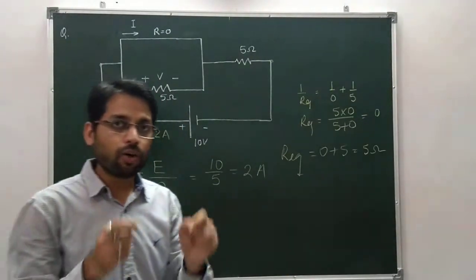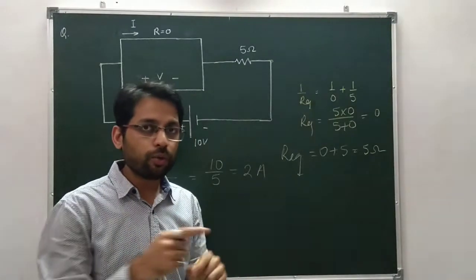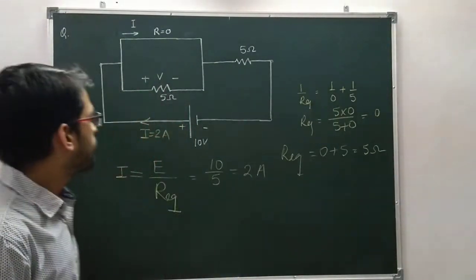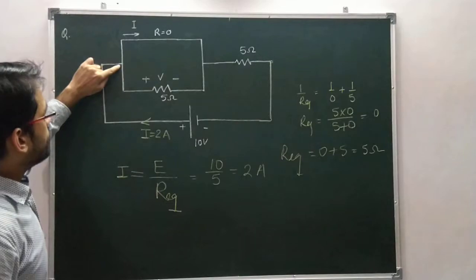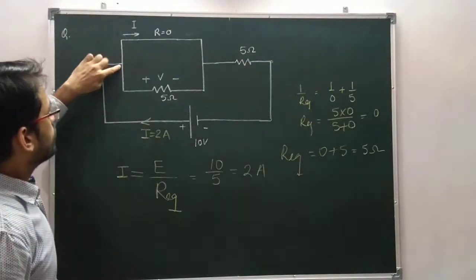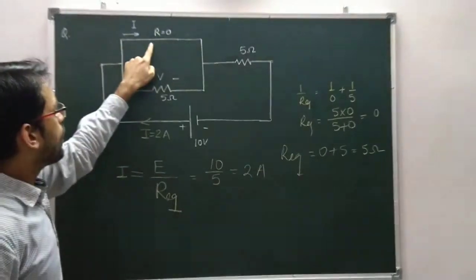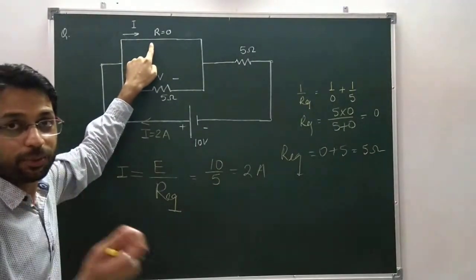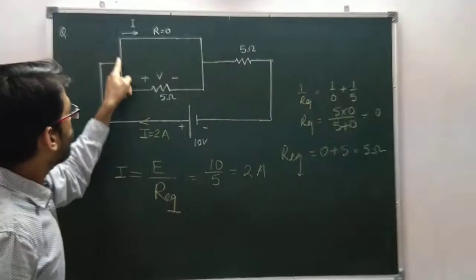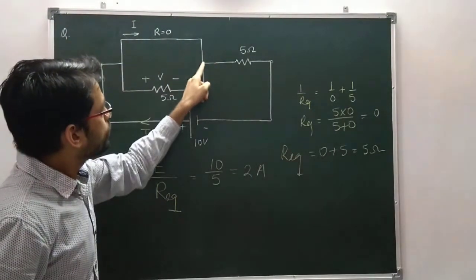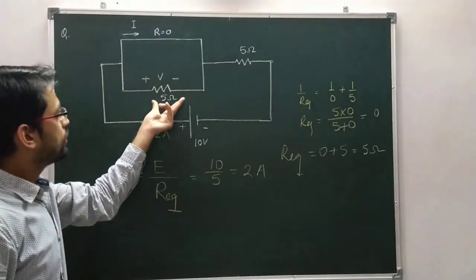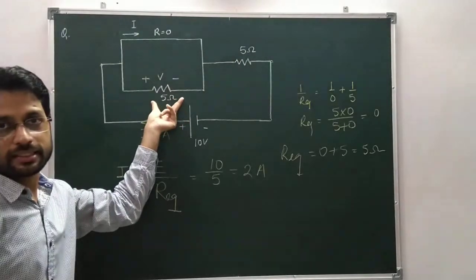So when current reaches this point, which path has very low resistance? The upper one. It has 0 resistance, so the whole current will flow through this path. No current will flow through the 5 ohm resistance.